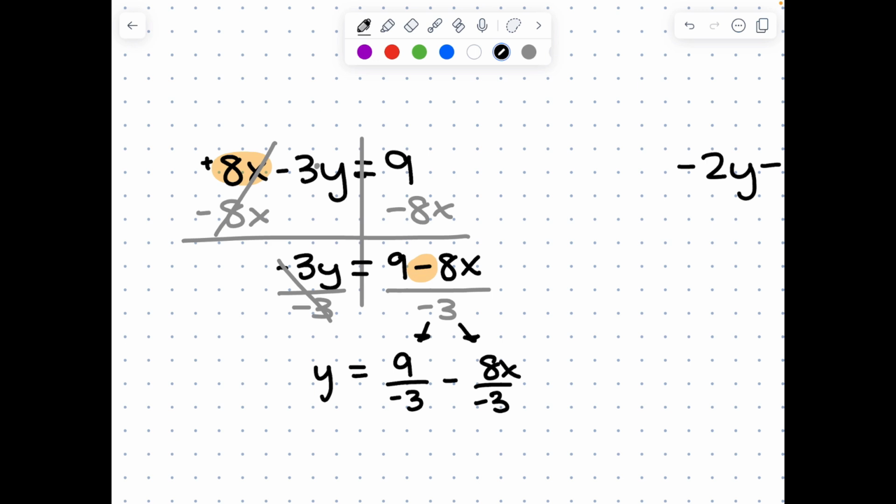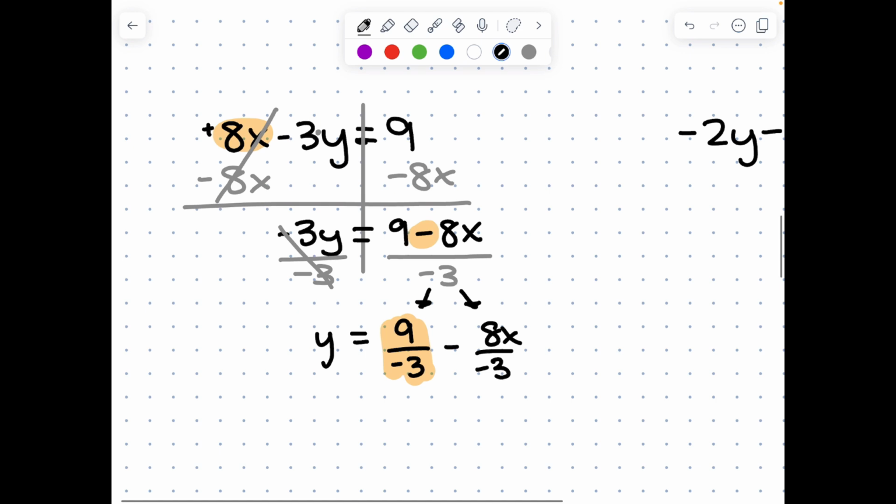So we basically undid a fraction, subtracting fractions with common denominators. It's not a very common step that people like to write out, but that's what we can do here. And it's actually really helpful because then 9 divided by negative 3 works out really nicely. We end up with y equals, hey, negative 3. 9 divided by negative 3 is negative 3.